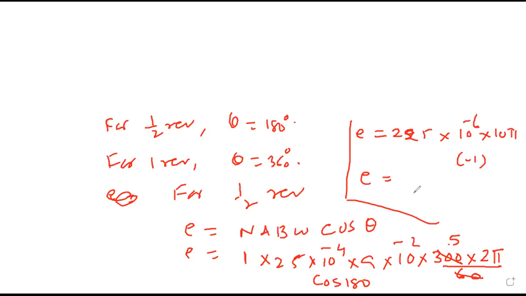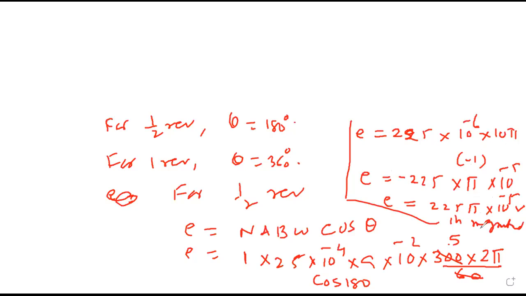So minus 225 into pi into 10 raised to minus 5. So E becomes 225 pi into 10 raised to minus 4 volt in magnitude. Understood? You all understood this? Yes, sir.